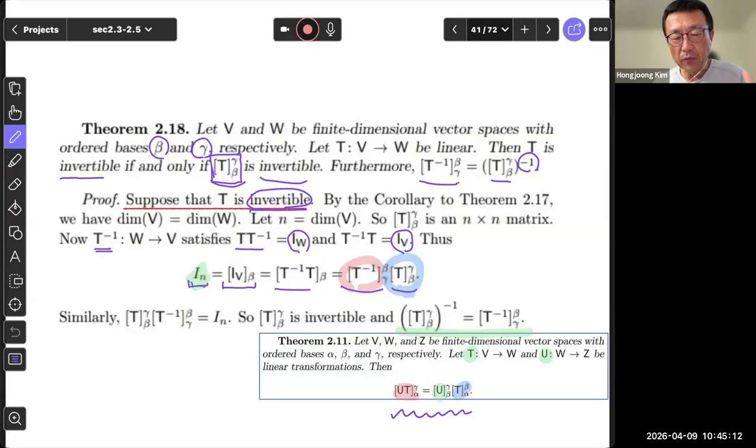So if T is invertible as a linear mapping, then its matrix representation will be invertible as a matrix. Okay, and the inverse of the linear transformation has a certain matrix representation, and that matrix representation will be the inverse of the matrix representing the original T mapping, which is this.